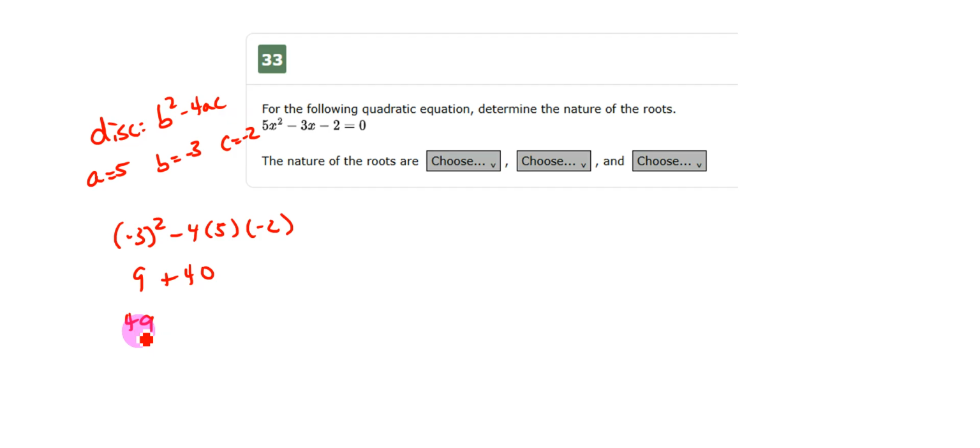So we get 49. That's positive, so the roots are real, unequal, and rational. Real because it's not negative, unequal because it's not 0, and rational because it was a perfect square.